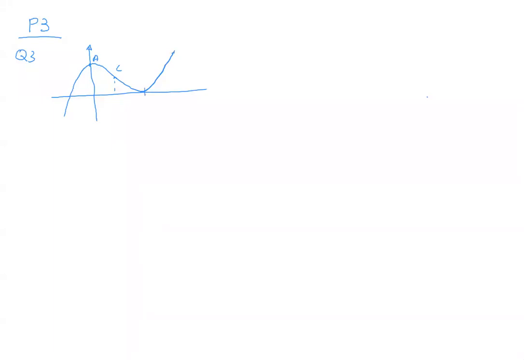Okay, so this is my y equal to f prime x. The first part of the question, they ask you to draw the sign diagram for f prime x and f double prime x.